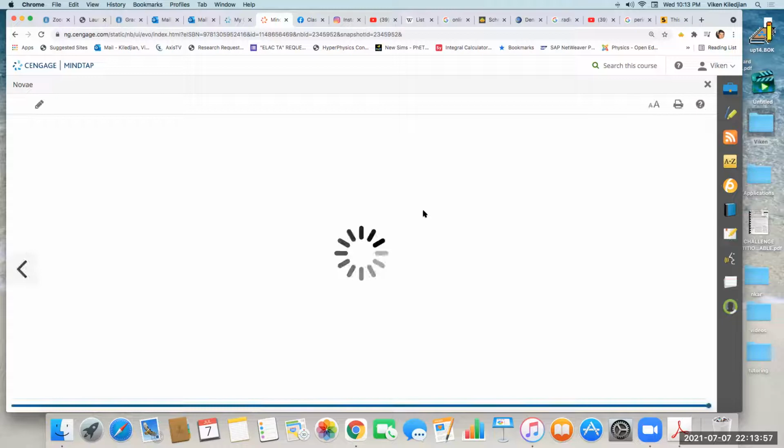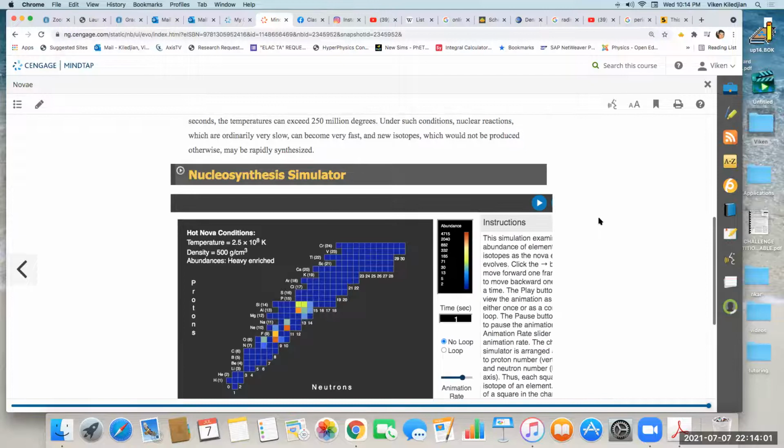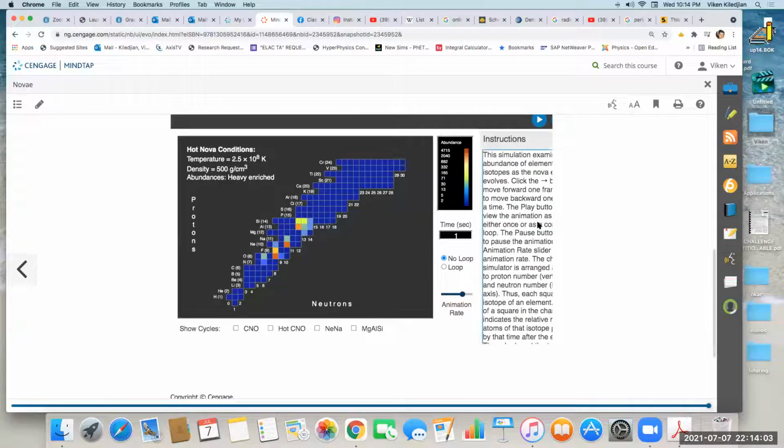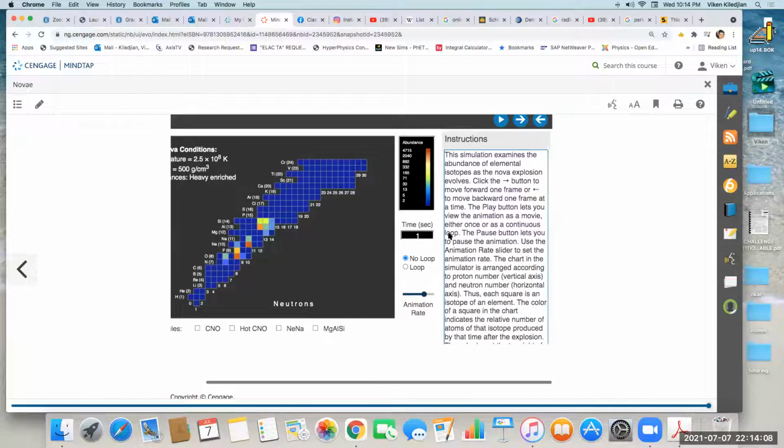Oops, it went all the way to the beginning. Okay, I think now it's going to work. Seems like it's good. So, animation page. I want to start from the beginning.